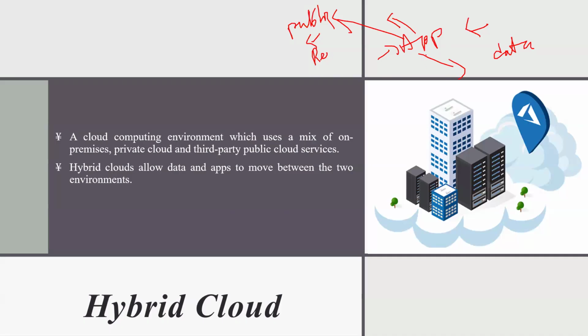Okay, so now they will keep the data in the on-prem, or in private, and they will keep this application in public. Once the application is public, it can be visible to everyone so that they can start using it and they can get the revenue.